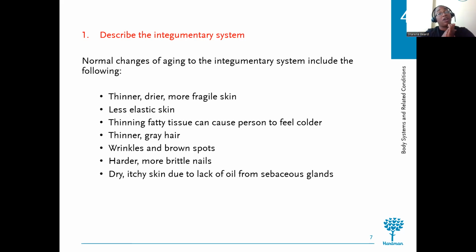The other thing is that they are going to lose a lot of fat up under their skin. So if you are ever around someone and they keep on asking for a warm blanket, or can I get some more socks, or if it's warm outside and they still have on long sleeve clothes and 3 pairs of underwear, the reason is because they're losing a lot of fatty tissue, and all they have is skin, a little bit of fat, and bones.